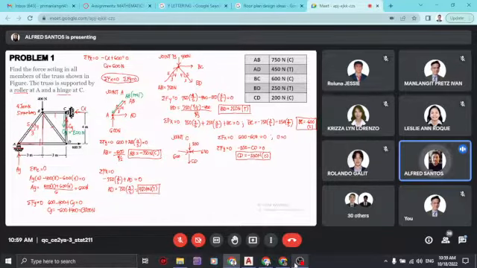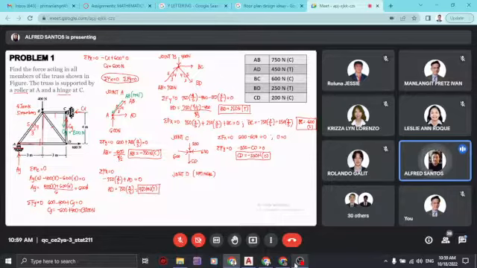So paano mo malalaman or paano mo pa mas check yung sagot natin? So check natin yung joint D. Again, which is optional, no? So optional lang to. So kayo bahala kung sasagutin nyo pa siya or hindi na.